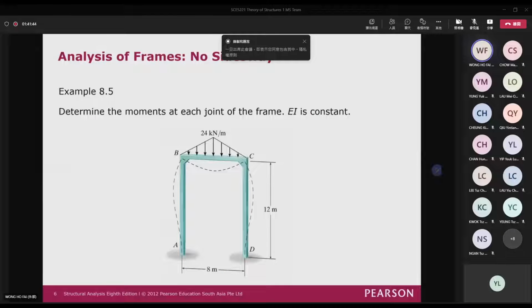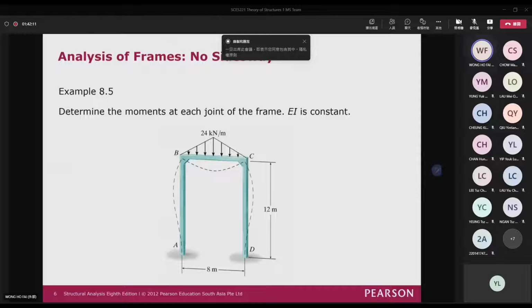So for example, if you have a frame like that, with a triangular load applied at the frame member BC, then it will only deform vertically. For this case, we don't count the support deflections. Then you may just write down again the member end moment equations for members AB, BC, and CD.